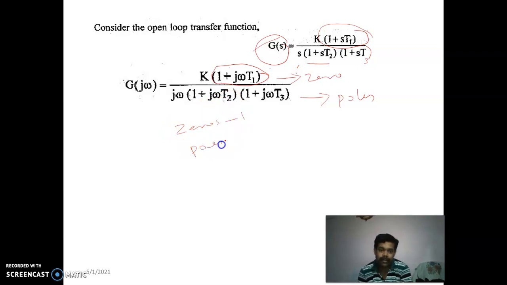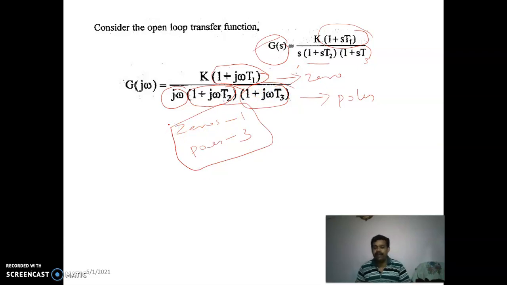How many poles do you have? You have three poles: one is a pole at origin, then the second pole, then the third pole. So you have 1 zero and 3 poles.